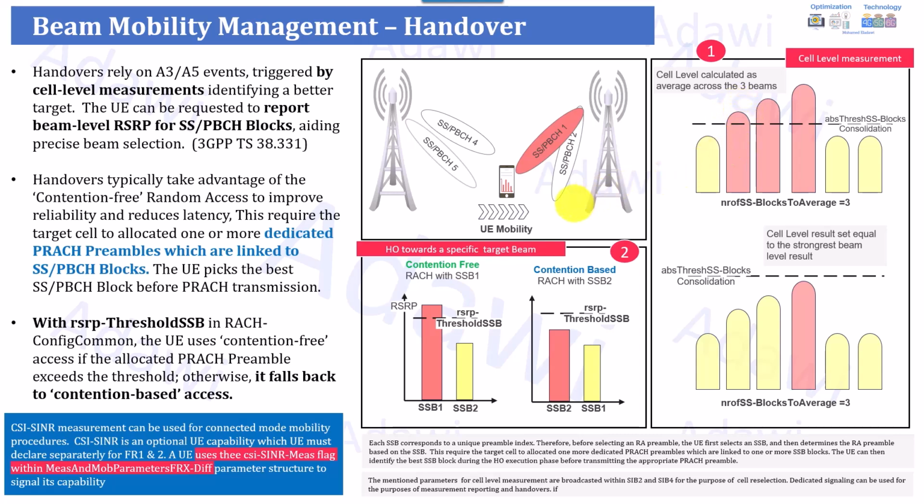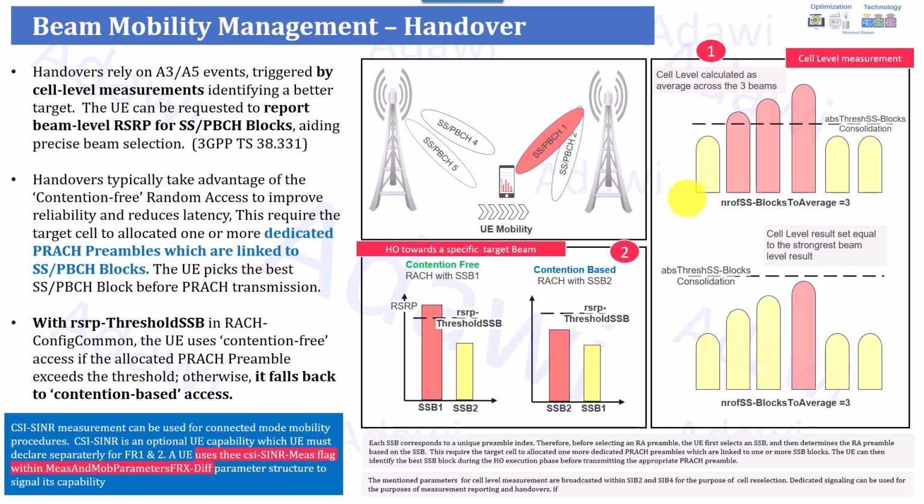And this is another story: there is an additional parameter called RSRP Threshold SSB, and this parameter is usually delivered in the RRC configuration common parameters. The user uses this to decide whether he is going to send something called contention. The GNB and user decide based on this parameter whether the handover during the execution phase will be done as contention free or contention based.